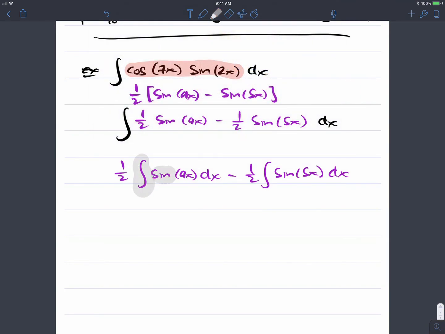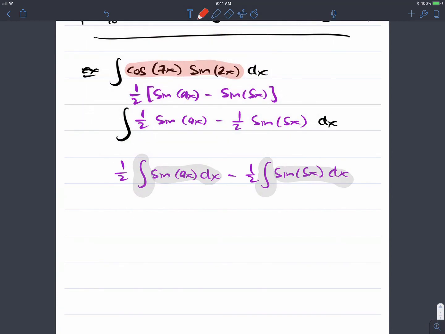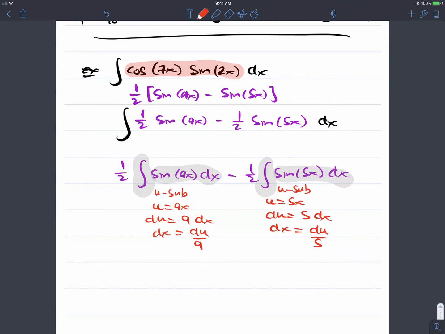This is what I'm going to integrate. I'm going to use u sub, where now u is 9x, du is 9 dx, or dx is du over 9. U sub u is 5x, du is 5 dx, and dx gives you du over 5.